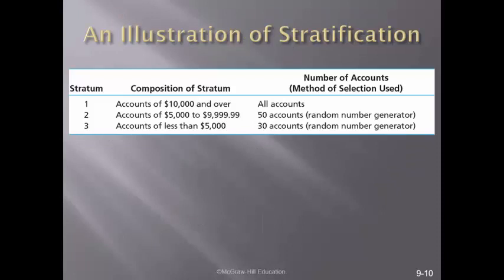This slide shows an example of stratification of accounts receivable balances. The large accounts over $10,000 will all be examined, and 50 accounts from the next group from $9,999.99 to $5,000, and 30 from the less than $5,000 group.